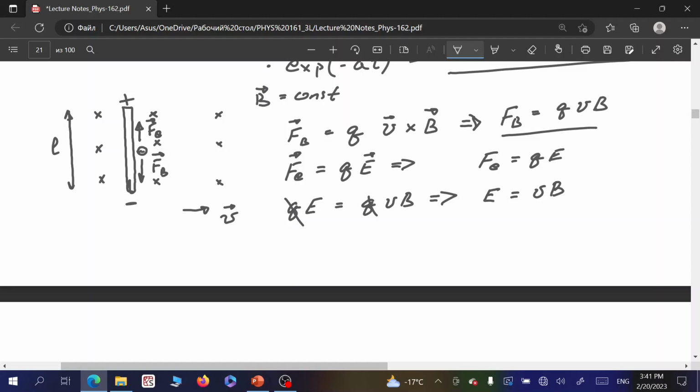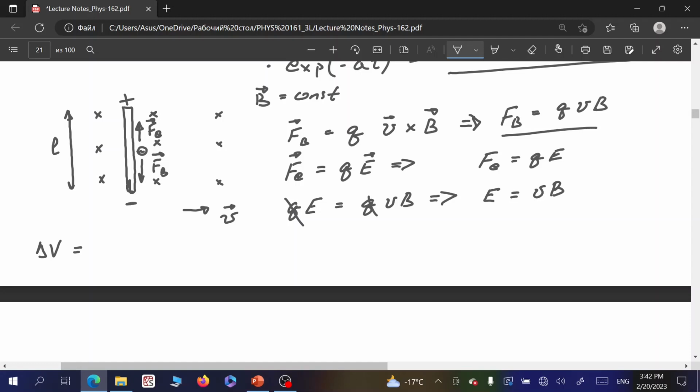Now, we would like to know what will be the potential difference, delta V, between the edges of the conductor. How do we address that? If we know the magnitude of electric field induced in this conductor, how do we define the potential difference between the two edges? By the length of the conductor.